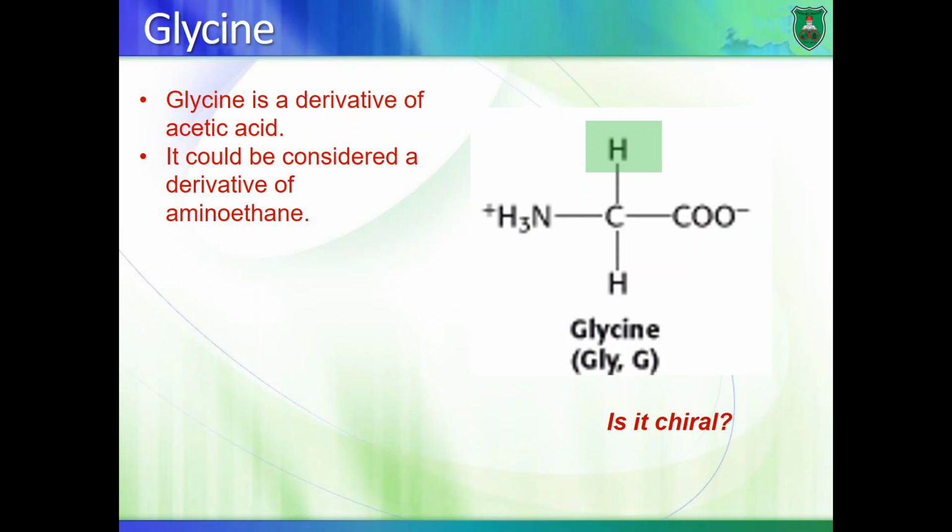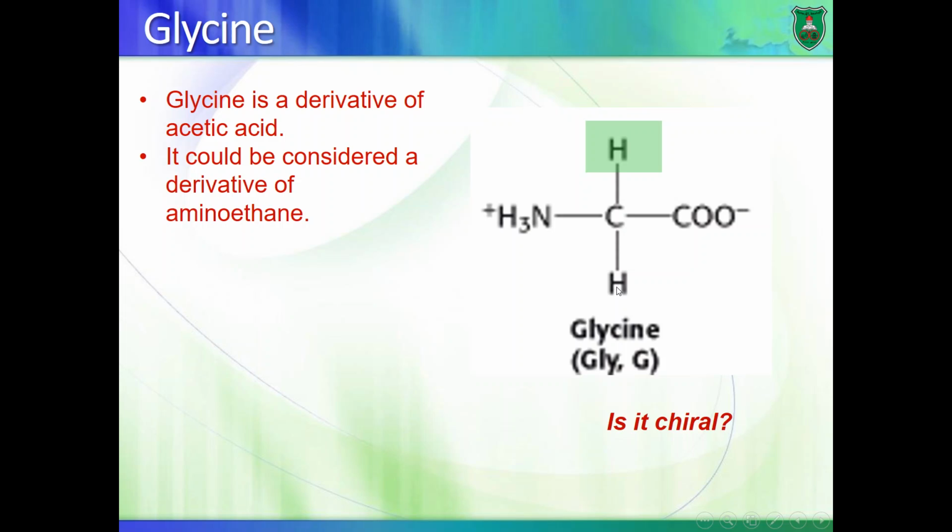Let's start with glycine. Glycine is the simplest amino acid. It's the only one that is not chiral, so we say that it is an achiral amino acid. It's achiral because its R group is basically a hydrogen, so you have a carbon connected to 2 hydrogens.